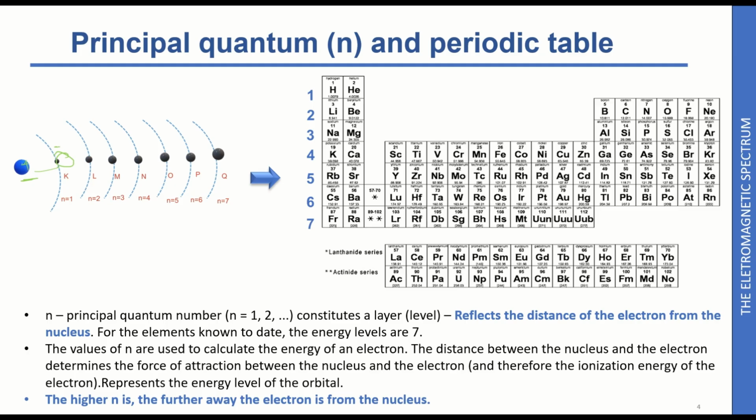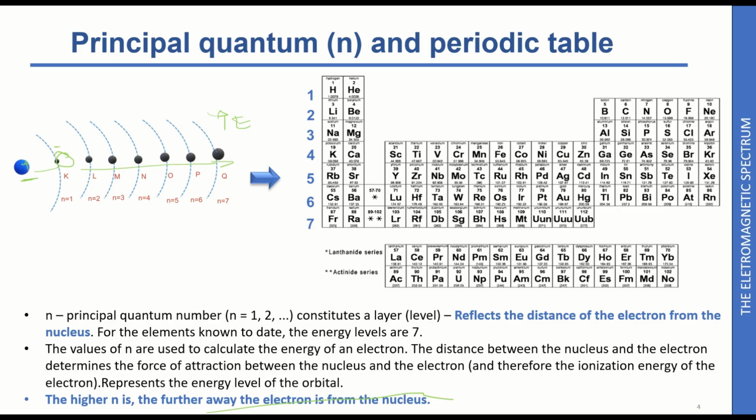When you get far away from the nucleus, this attraction gets smaller, so the energy is increasing. So the higher the n, the further away the electron is from the nucleus, and the higher the energy.